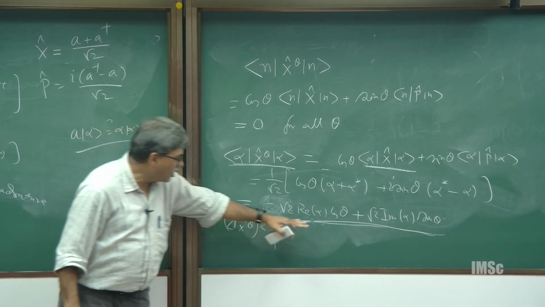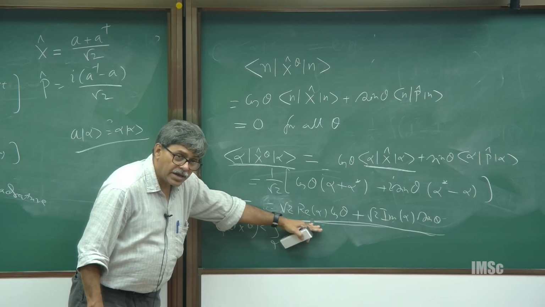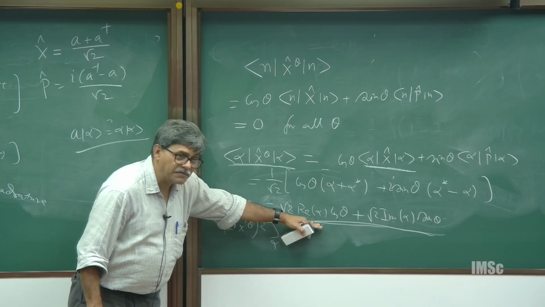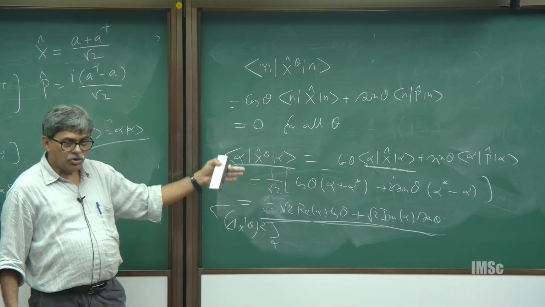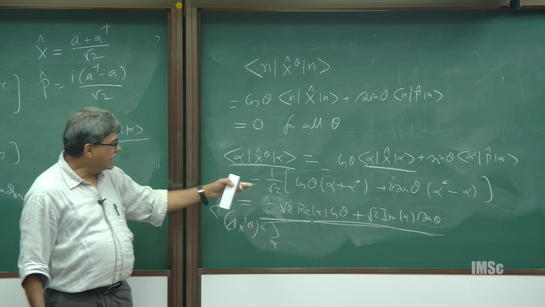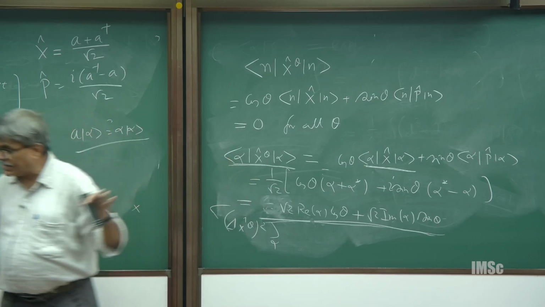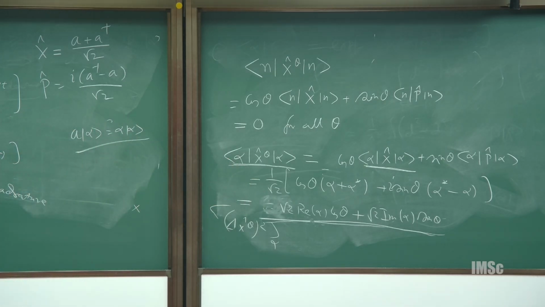So, this you can think of as your value of the quadrature variable x theta, because this is up to me. Okay. So, therefore, you see that with respect to coherent states, these average values of your quadrature variable are matching.